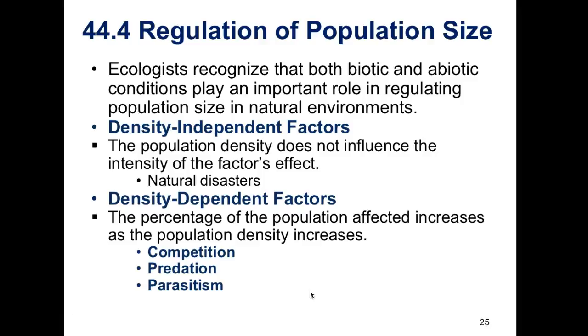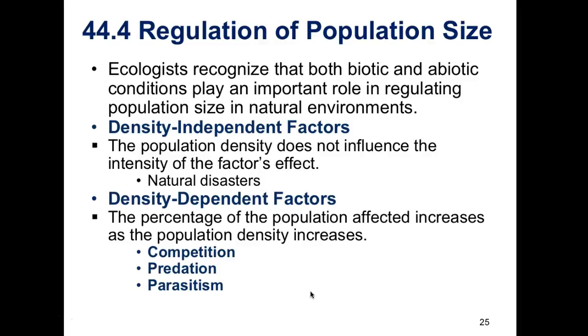Natural disasters are things that occur independent of what that population size is. You could have an earthquake at any moment, whether it be in an area where there is a very small population of human beings, or you could have it in an area where there is a very dense concentration of human beings within a given area. So that would be an example of a density-independent factor.